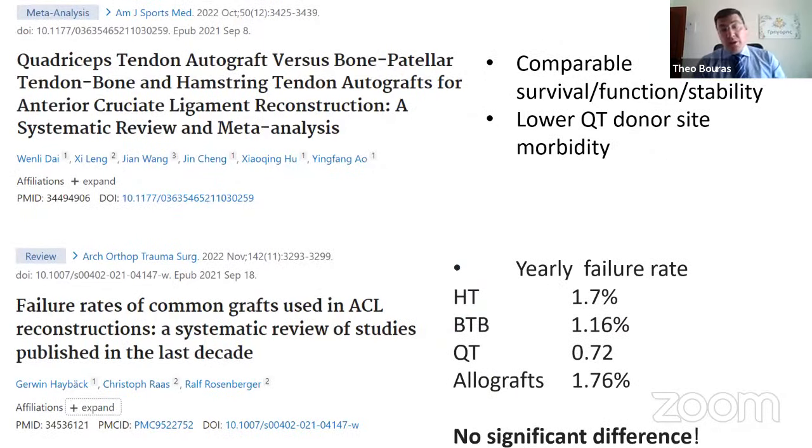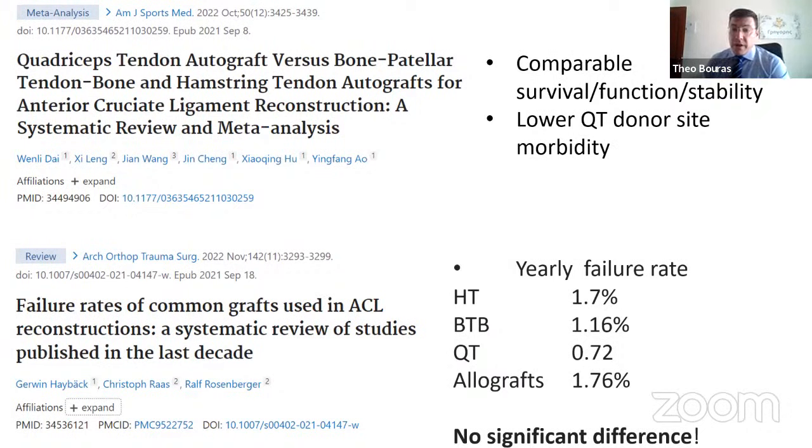More recent studies, 2022 American Journal of Sports Medicine, talking about hamstrings, BTB, and quadriceps tendon. Again, we see comparable results in survival, in function, and the well-known lower quadriceps tendon donor site morbidity.